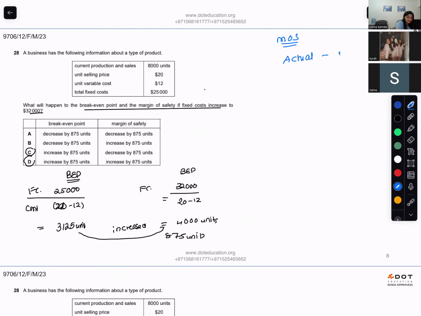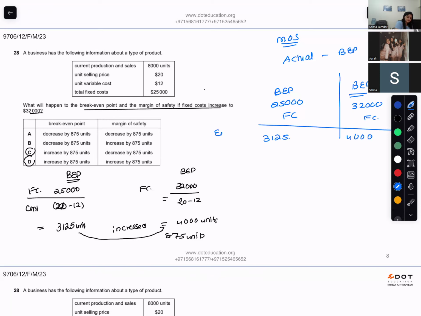So actual sales is how much? Actual sales isn't given to us.